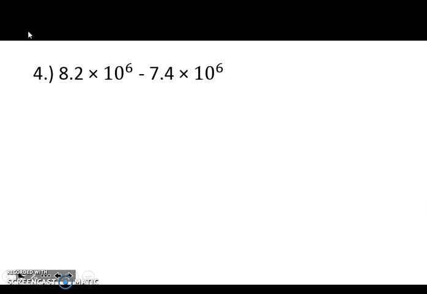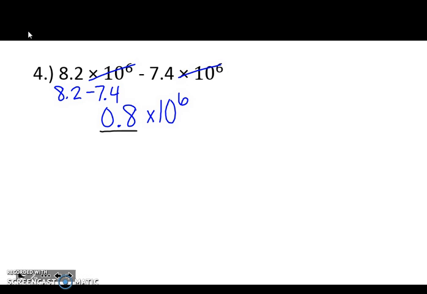So let's look at this one. So I'm going to have 10 to the 6th in my final answer. And I'm going to take 8.2 minus 7.4. And I get 0.8. 0.8 is not between 1 and 10. So I'm going to have to manipulate that number so that it falls into that range.